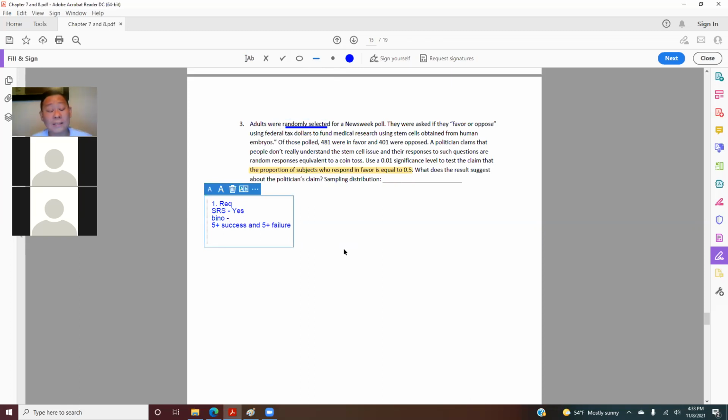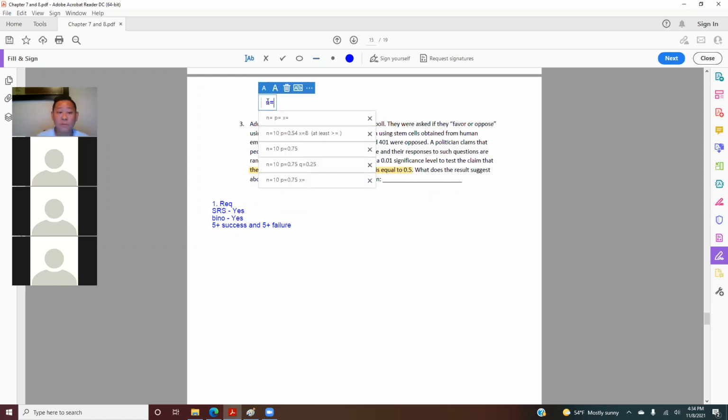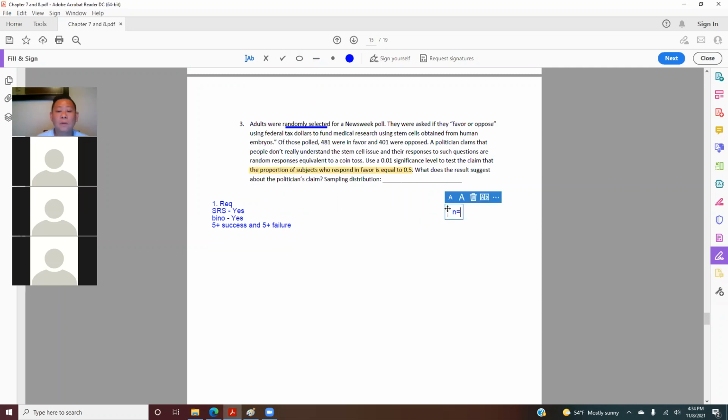Next is a binomial. Do we have that requirement? Yes, we do have a binomial requirement in this case. The reason is that binomial requirements mean we need to know n. Can someone tell me what n is in this case, which is the sample size, the number of observations? 40?